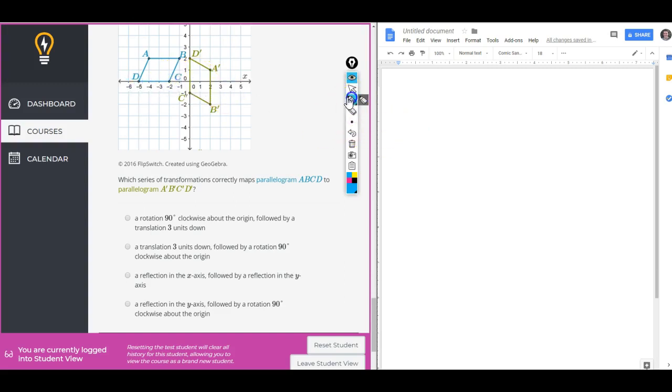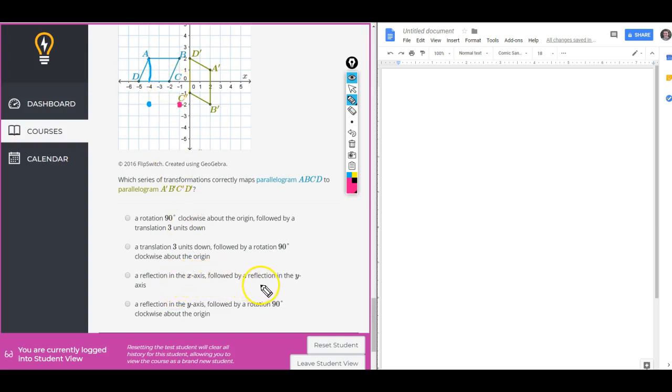So let's just reflect our point A. It is 2 units above the x-axis, so now it'll be 2 units below the x-axis. B is also 2 units above the x-axis, so now it'll be 2 units below the x-axis. So there's our reflection over the x-axis.